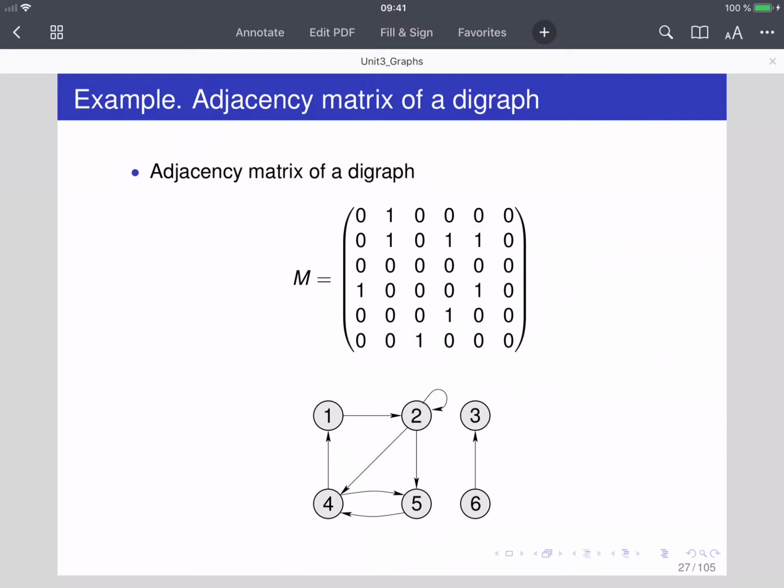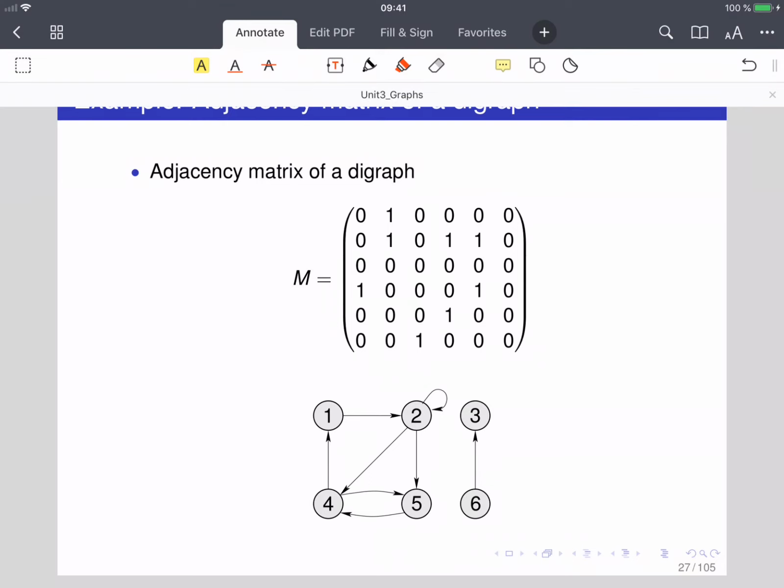And we are going to write a 1 for each of the edges that we find in the graph.